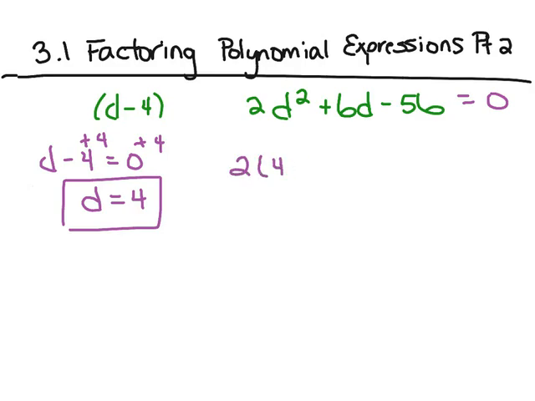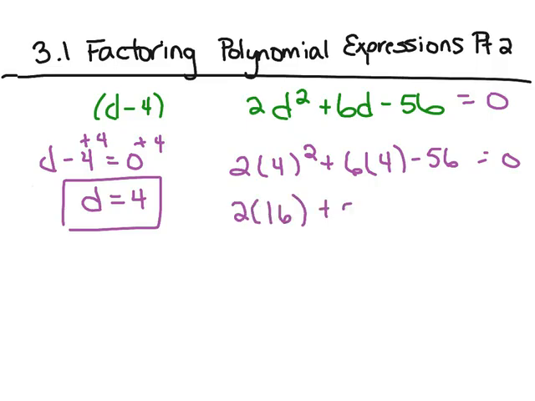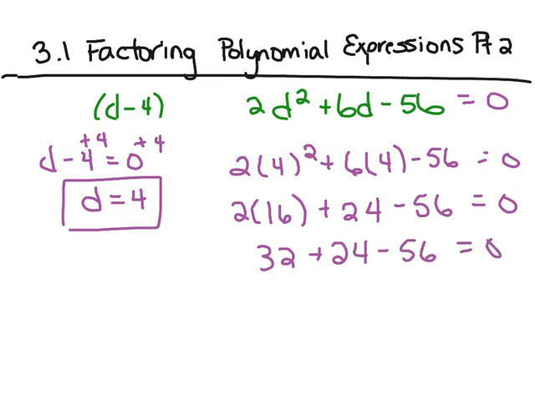So 2 times 4 squared plus 6 times 4 minus 56 equals 0. So 2 times 16 plus 24 minus 56 equals 0. 32 plus 24 minus 56 equals 0, and 32 plus 24 is 56.